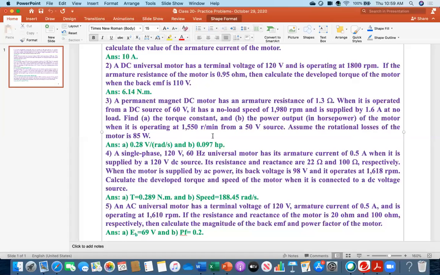So you got the torque constant correct, right? 0.28 approximately. Is that right? Yes. Then using that torque constant, you calculate the new value of back voltage EB. EB is K1 multiplied by omega.